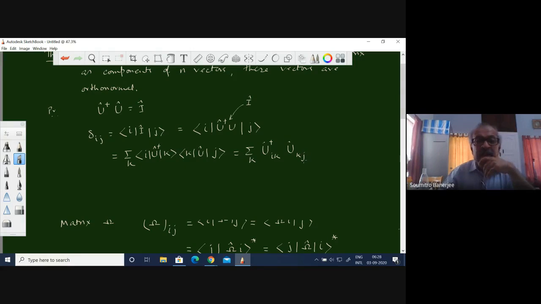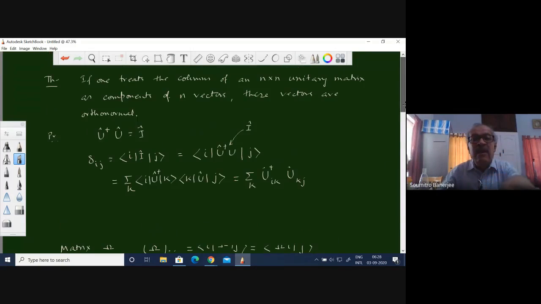Now, what does it imply? It implies exactly what we have written. For any particular value of K, for example K equal to 1, this is a column, this is a column. Their behavior is such that the product gives delta Ij, that is essentially these two column vectors are mutually orthonormal.